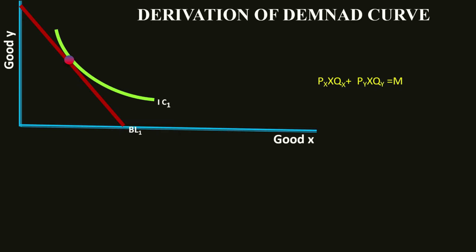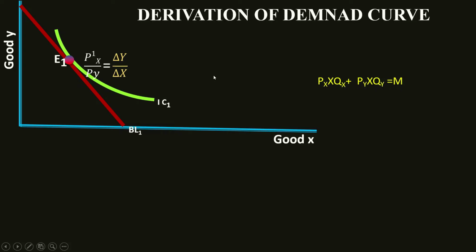Here is the equilibrium of the consumer, E1, where the slope of the budget line is equal to the slope of the indifference curve. The x-axis shows the good x and the y-axis shows the good y. At this equilibrium point, we can find the price of good x and the price of good y.